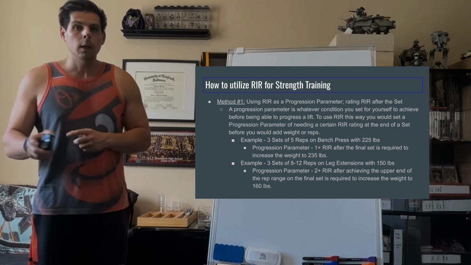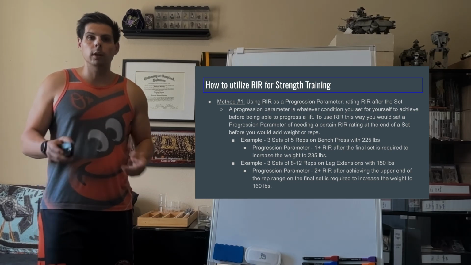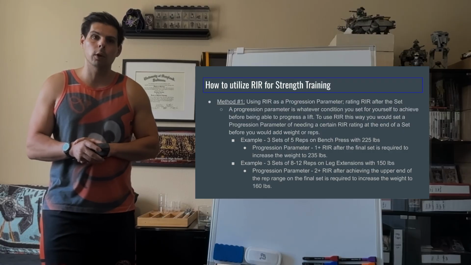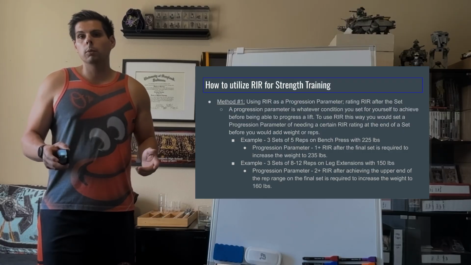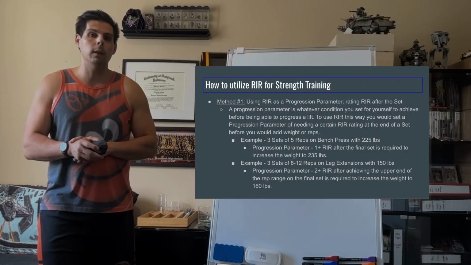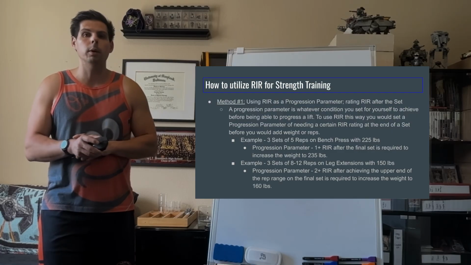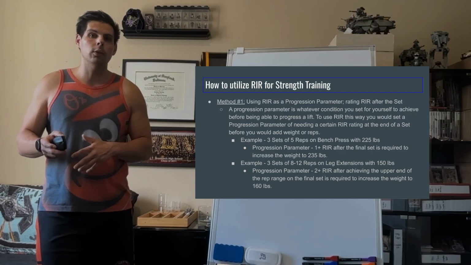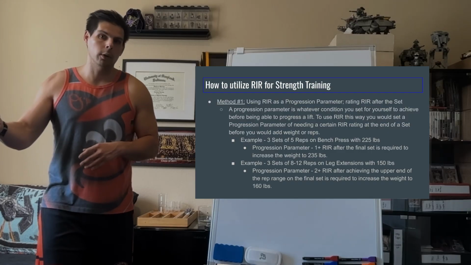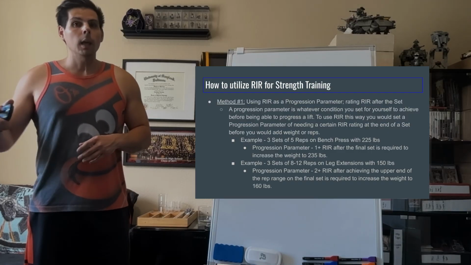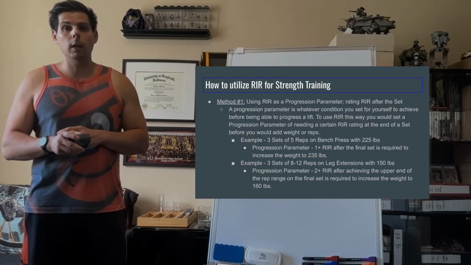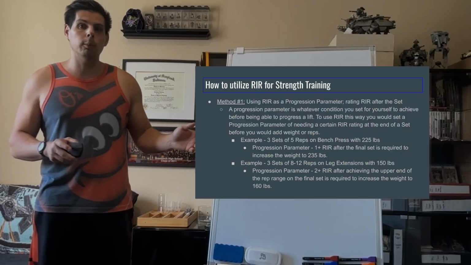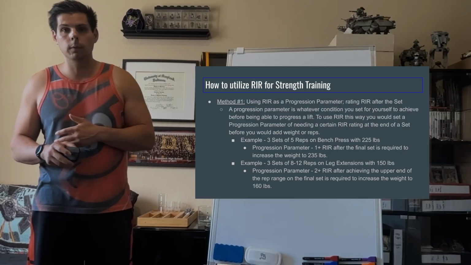One example of this would be 3 sets of 5 reps on bench press with 225 pounds. The lifter's progression parameter could be that they need to have 1+ rep in reserve remaining after they've completed the 5th rep on the 3rd set before they move on to 235 pounds. A second example, using a rep range, we can do 3 sets of 8 to 12 reps with leg extensions with 150 pounds.